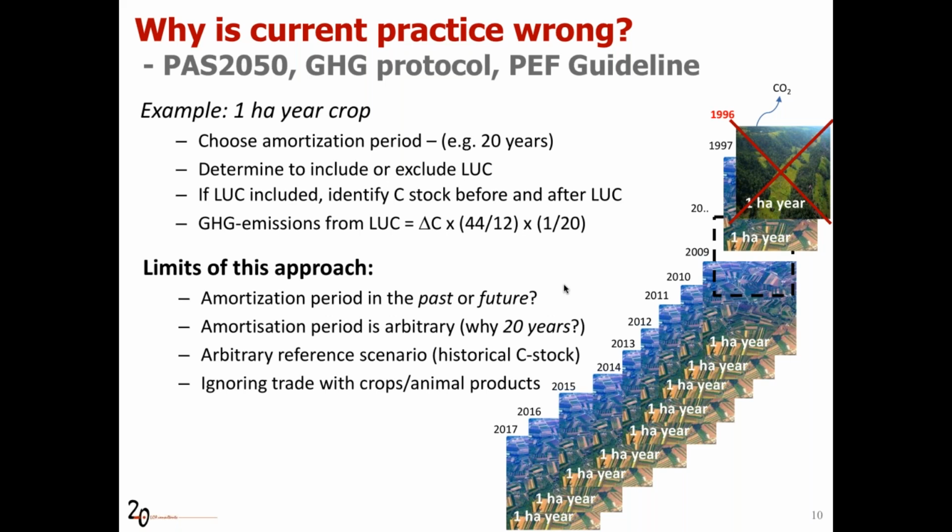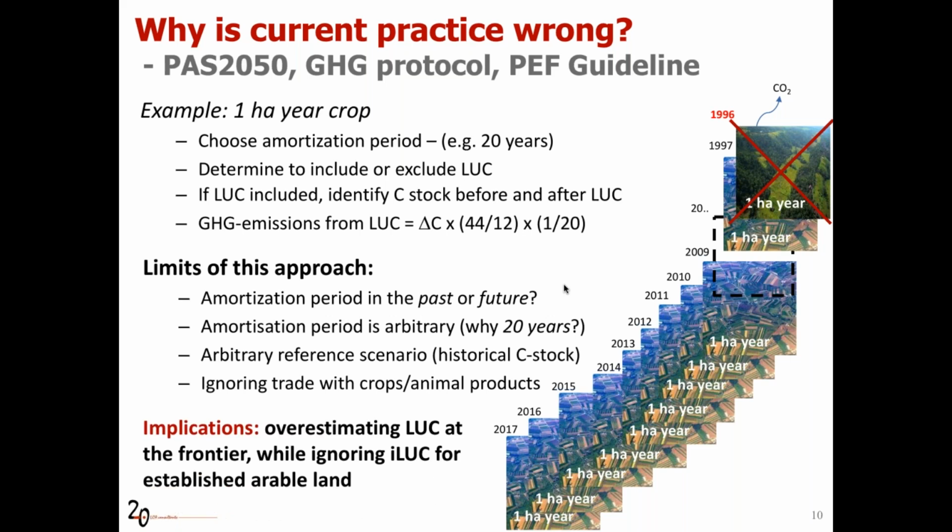While if we assume 30 years in this case, we would instead include as a reference scenario the partially forested land shown in the picture. So the reference scenario is chosen arbitrarily, just like the amortization period, as a consequence of that choice. This approach also ignores any relationship and substitutability of products and the trade between crops and animal products, because it only accounts for what happened in that determined piece of land.